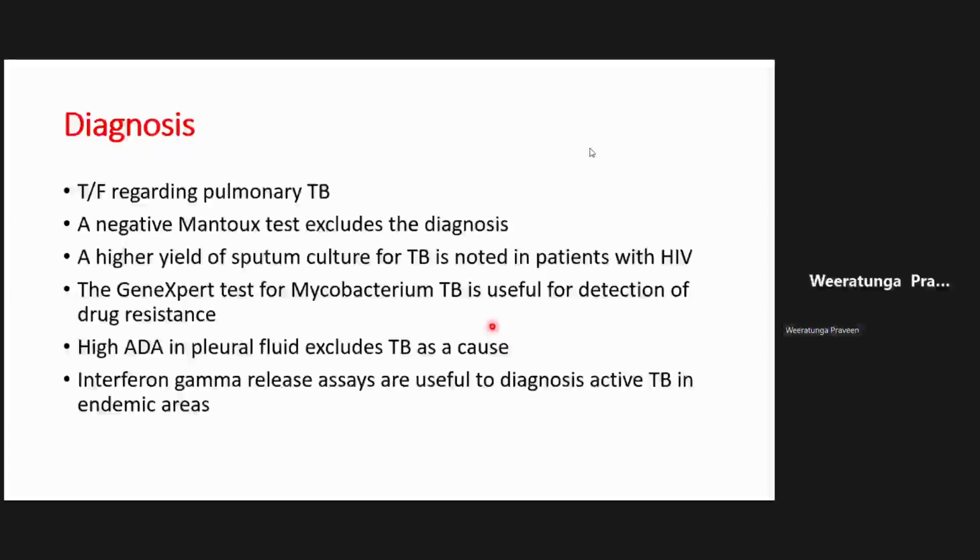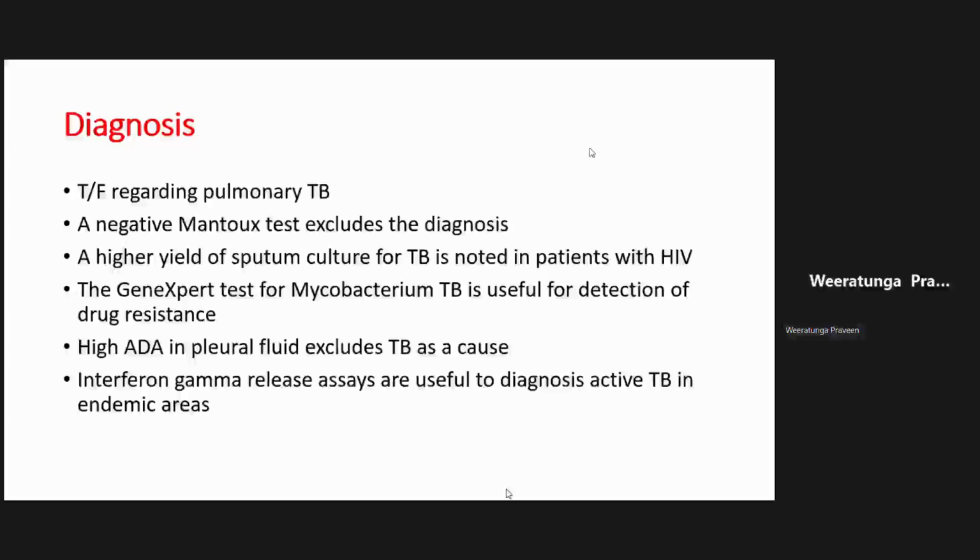Interferon gamma release assays are useful to diagnose TB in non-endemic areas. So interferon gamma is just a glorified Mantoux test, right? It again tests the immune response to tuberculosis. Interferon gamma is the main immune cytokine in tuberculosis.